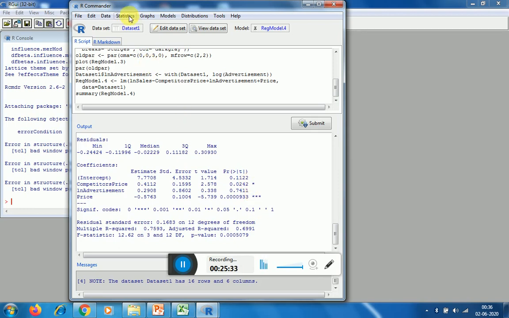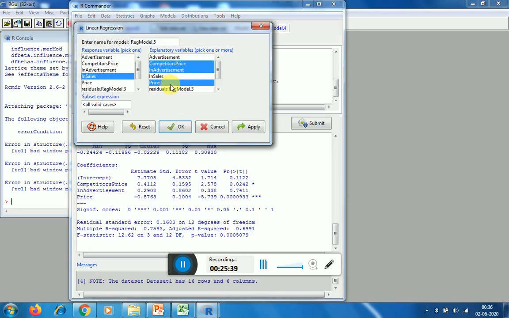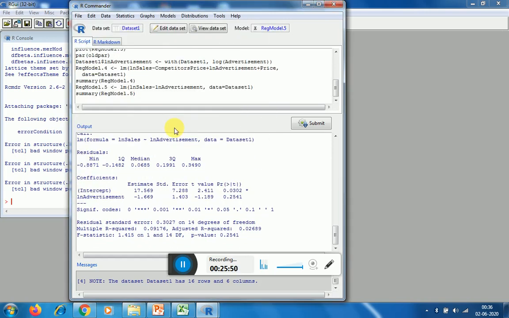We can even try other versions, a bivariate relationship, wherein we fit the model only for ln sales, and instead of the others I take only ln advertisement, and OK. Here you can see that the intercept is significant but ln advertisement is not significant, and multiple r squared is also 0.09, which is around 9%.